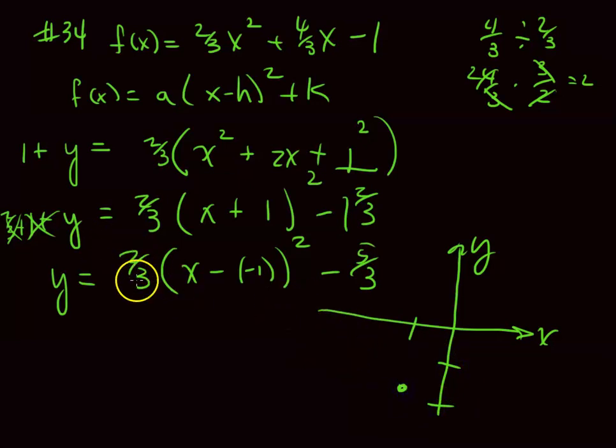See, it opens up because a is positive, and it's a little wider. Sort of close to 1, so it's not too wide. Does this make sense?